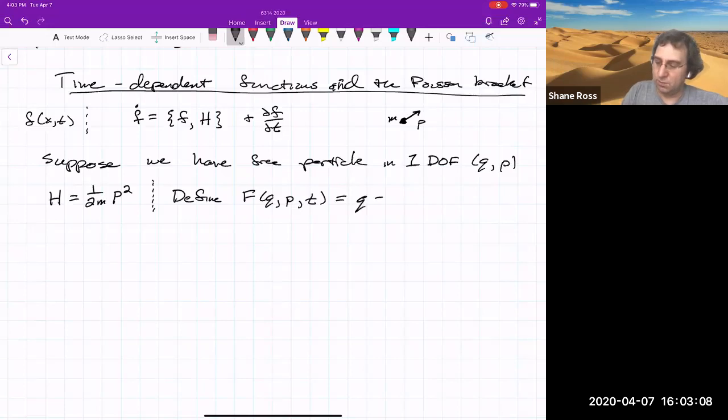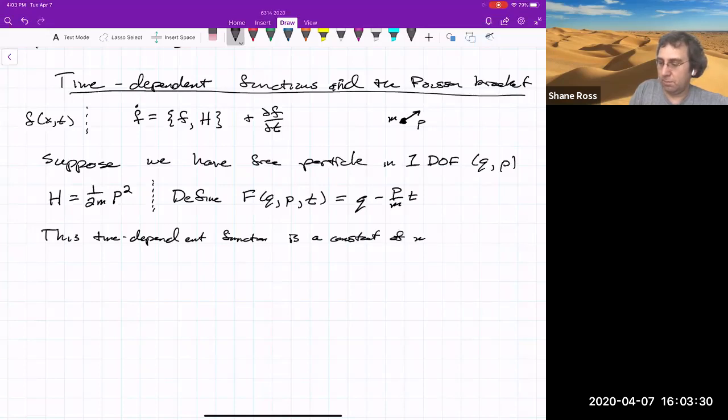And it is just Q minus P over M times T. And so my claim is that this time-dependent function is a constant of motion, which means capital F dot equals 0. So capital F dot is Poisson bracket of F with H plus partial F partial T.